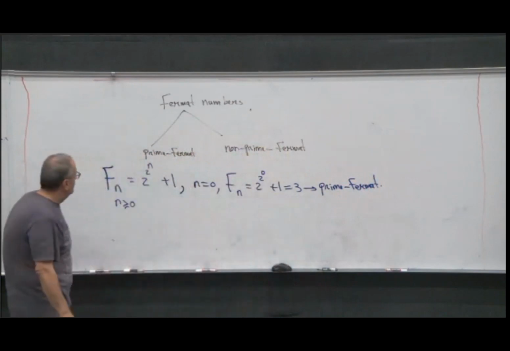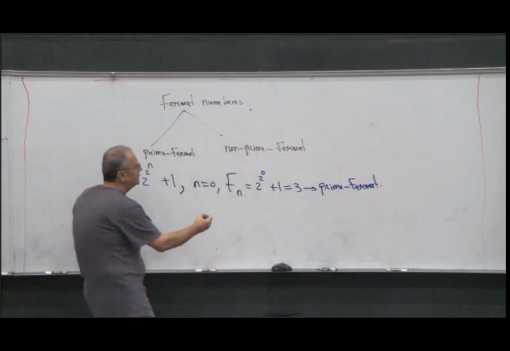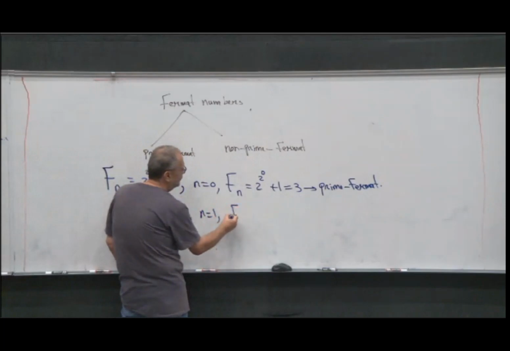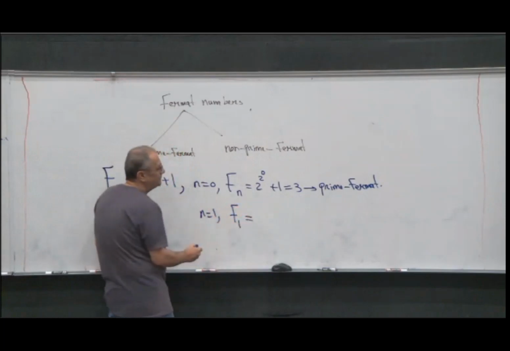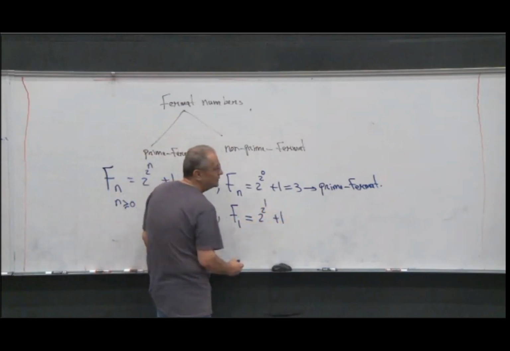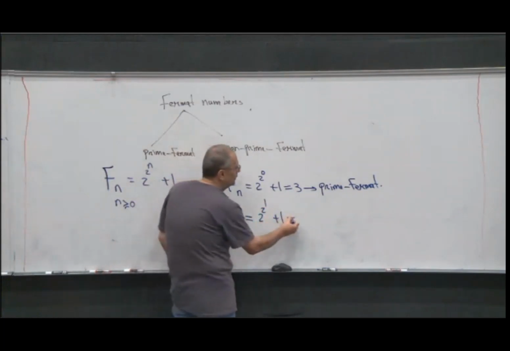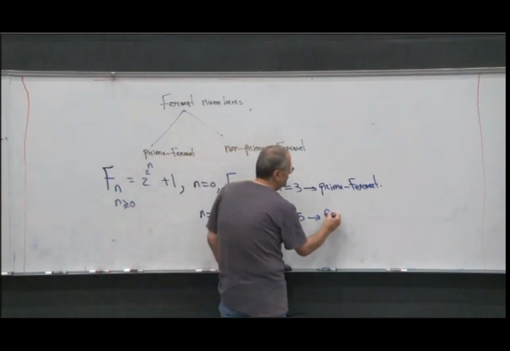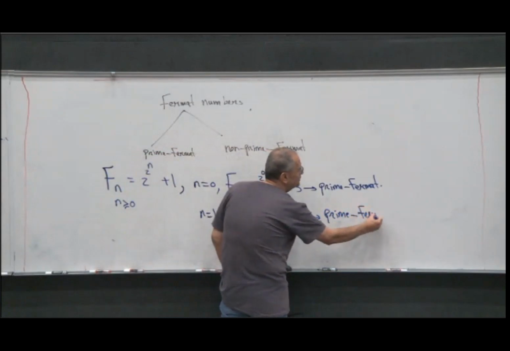Okay. All right, let's take n equal 1. What is F1? 2 to the 2 to the 1, plus 1, which is equal to 5. Is 5 prime? So what are we going to call it? Fermat prime or prime Fermat? I'm not going to change the definition now.